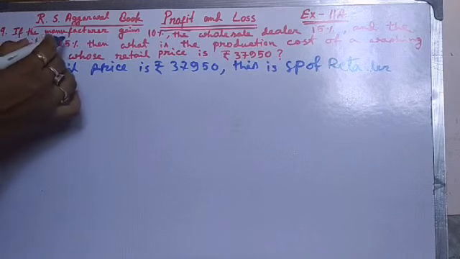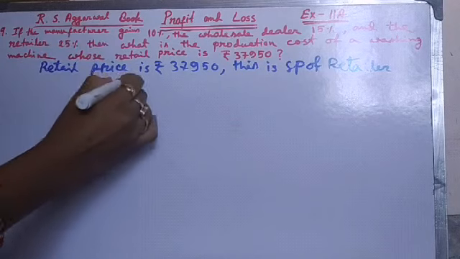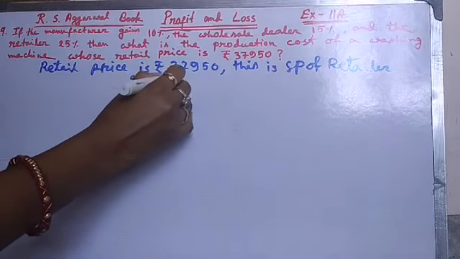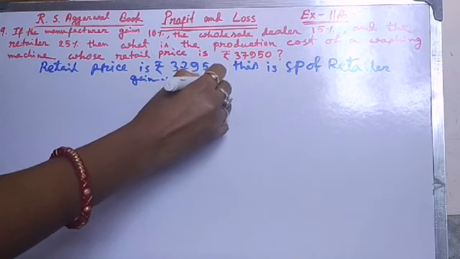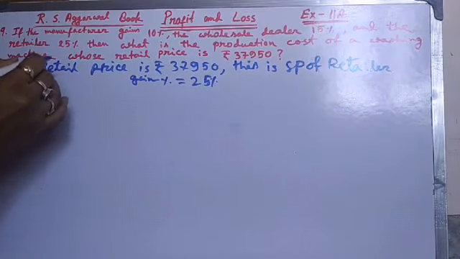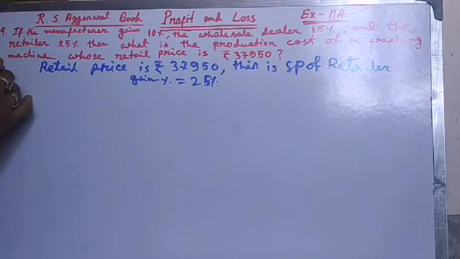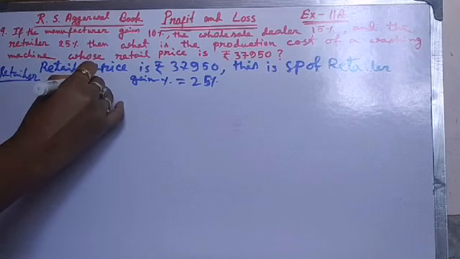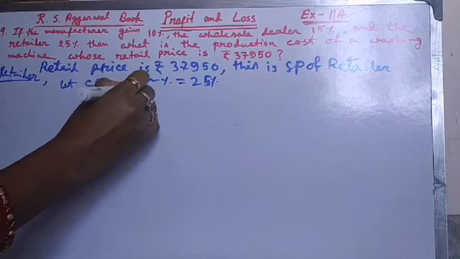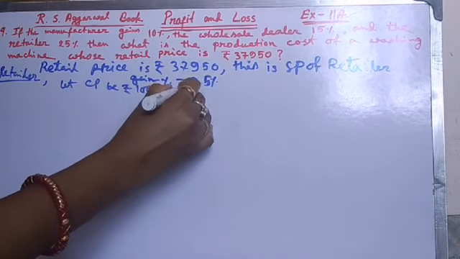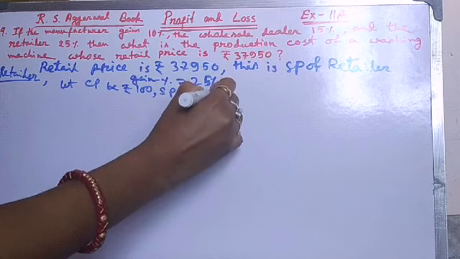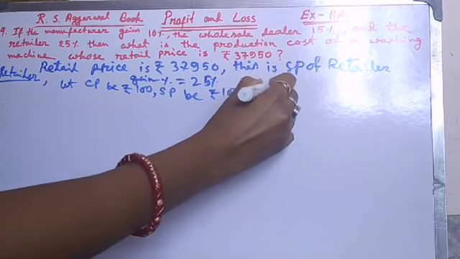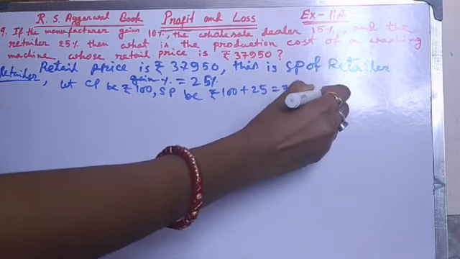So here gain is given 25%, gain percent is 25%. That means retailer's CP we have to find out. Let CP be rupees 100 and SP rupees 100 plus 25, that means rupees 125.